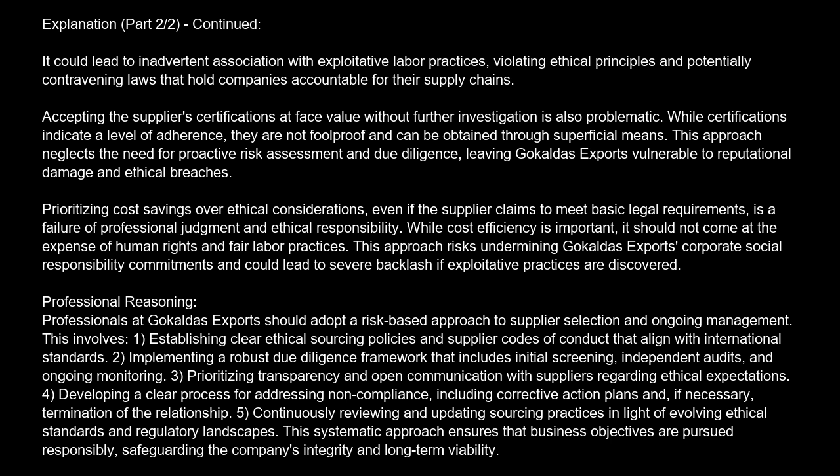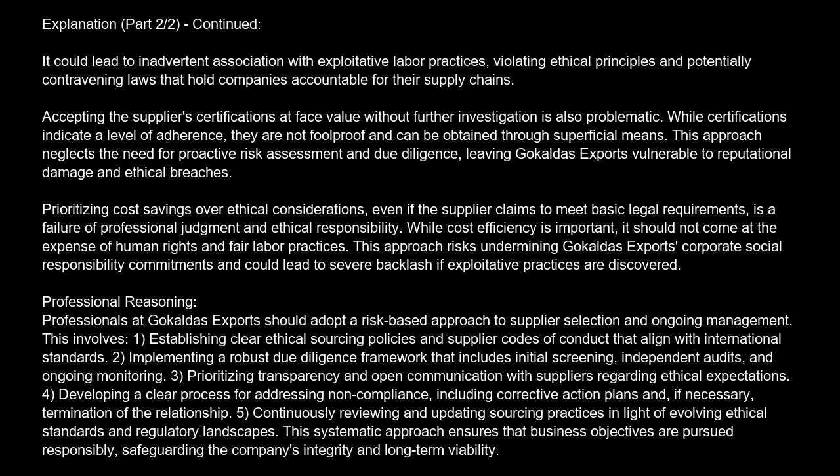Professional reasoning. Professionals at Gokaldas Exports should adopt a risk-based approach to supplier selection and ongoing management. This involves: 1. Establishing clear ethical sourcing policies and supplier codes of conduct that align with international standards. 2. Implementing a robust due diligence framework that includes initial screening, independent audits, and ongoing monitoring. 3.